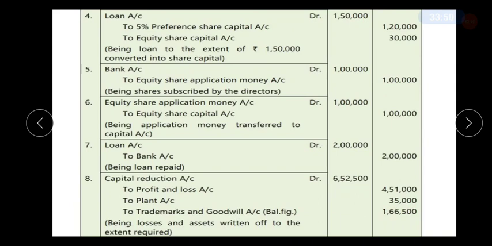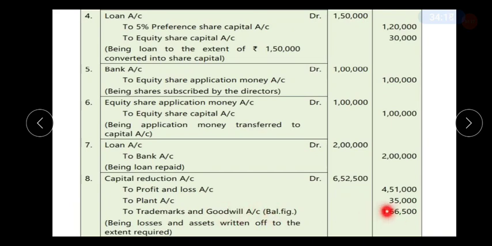If nothing is told in the problem, we could have transferred this 1,66,500 to the capital reserve account. If the problem is neutral about writing off the intangible assets, we could have transferred it to capital reserve. But here it is clearly said that any balance left has to be used for writing off trademarks and goodwill.